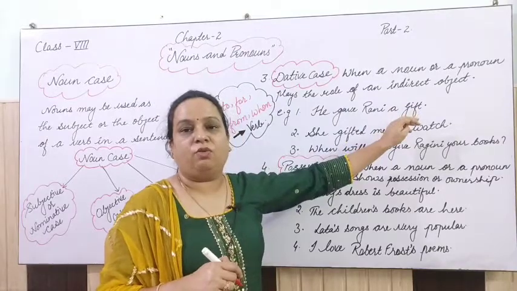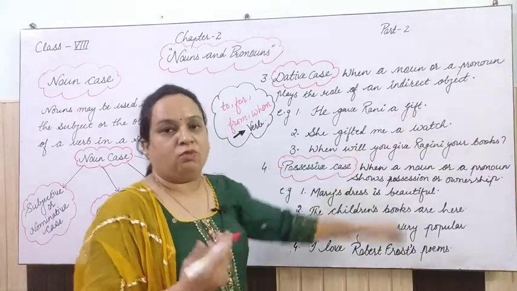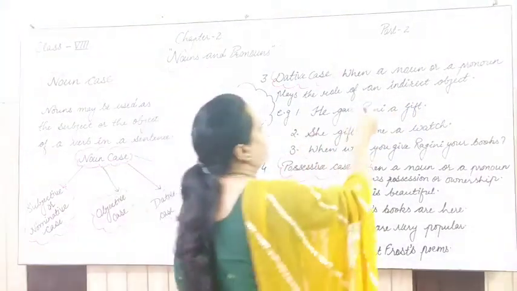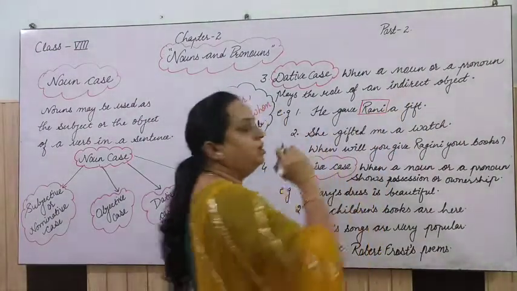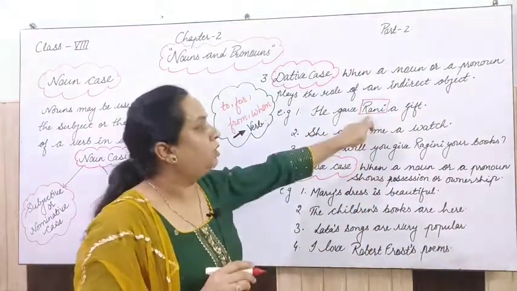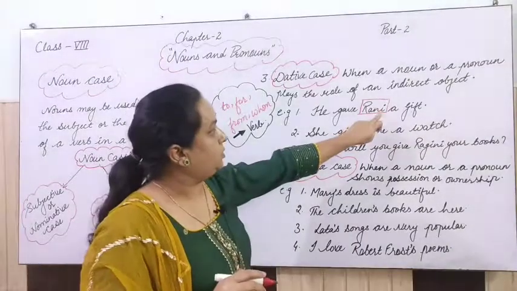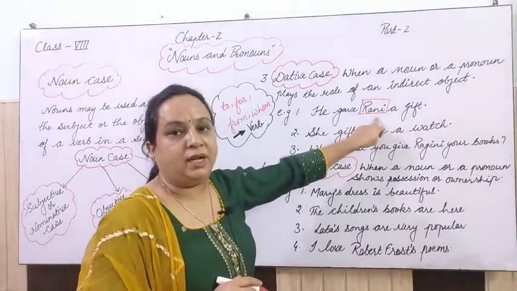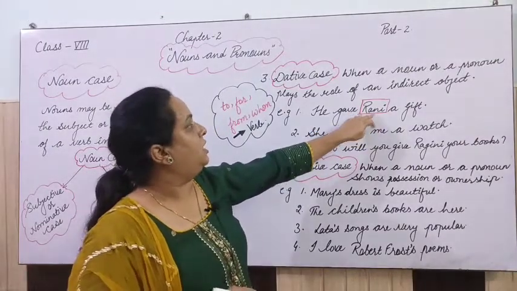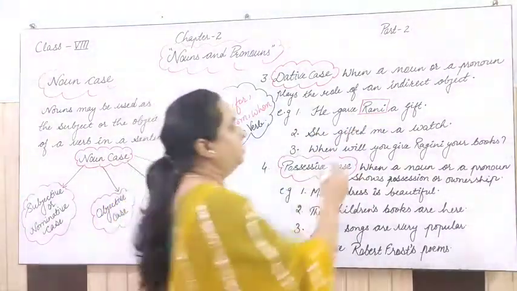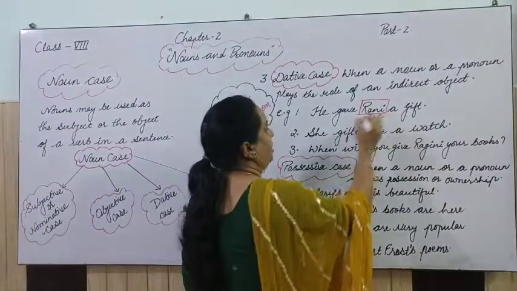But we have to look for the indirect object. And what is the indirect object? The receiver. So who received the gift? Rani received the gift, right? Moreover, this is a person. So this becomes the indirect object in this sentence. So Rani will be dative case here.